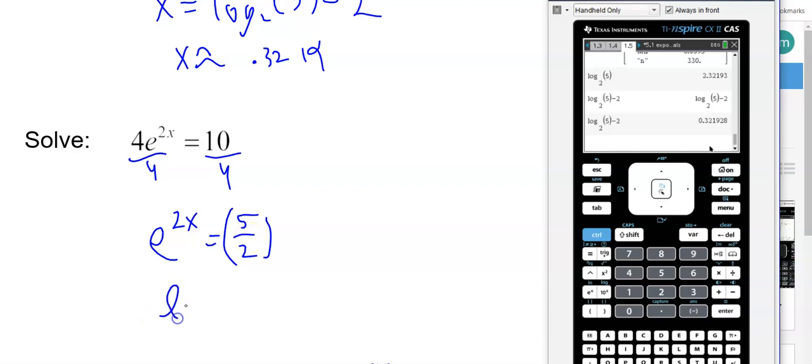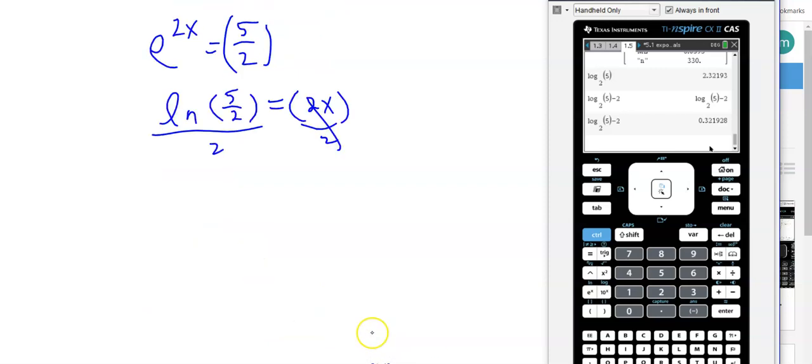So log form would be natural log, because the base is understood to be e, of some number equals the exponent, which is 2x. And so 5 halves would go here. We learned the other day that can be natural log of 5 minus natural log of 2, by the way. Last step, divide by 2. So you divide that whole side by 2, and you get x equals natural log of 5 halves divided by 2. Then you can type that in your calculator if you want the approximate answer.